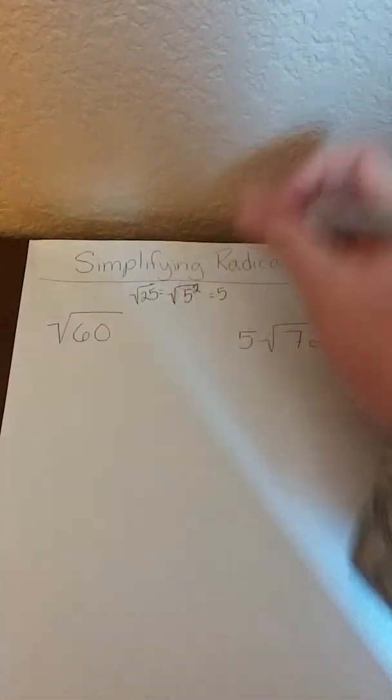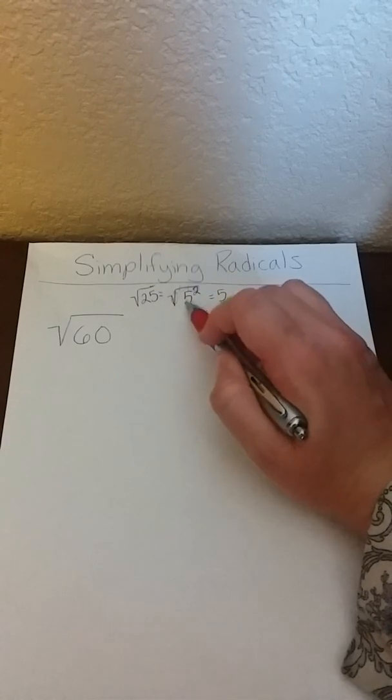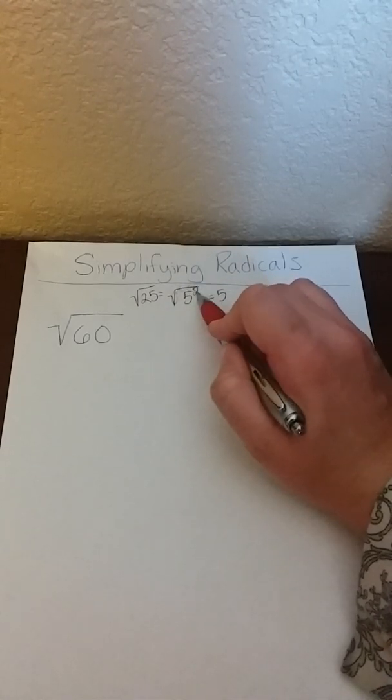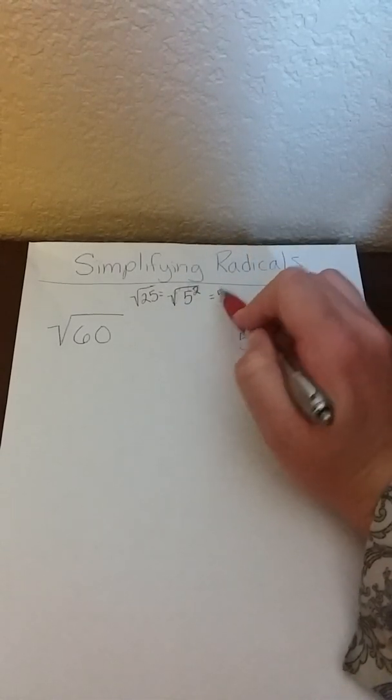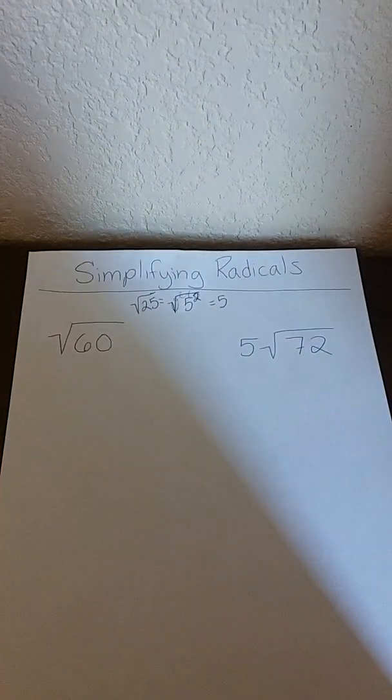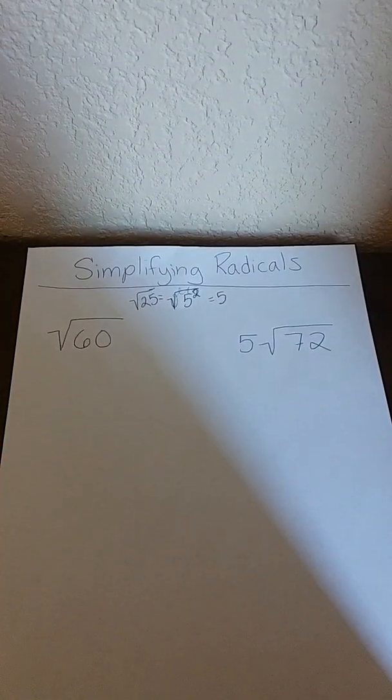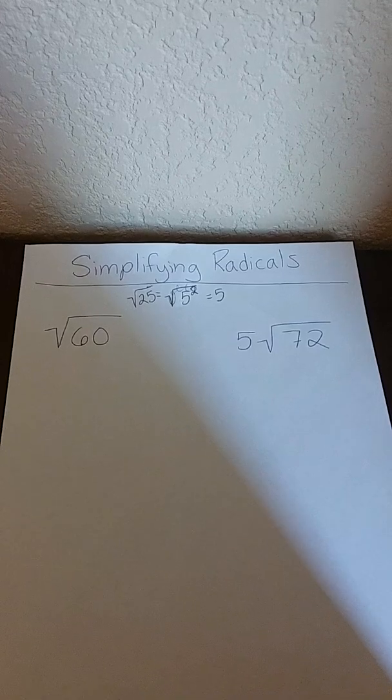The reason why, though, is because we can turn 25 into 5 squared, and then the squared and the square root cancel out, just leaving us 5. So the simplified version of square root of 25 would be 5.